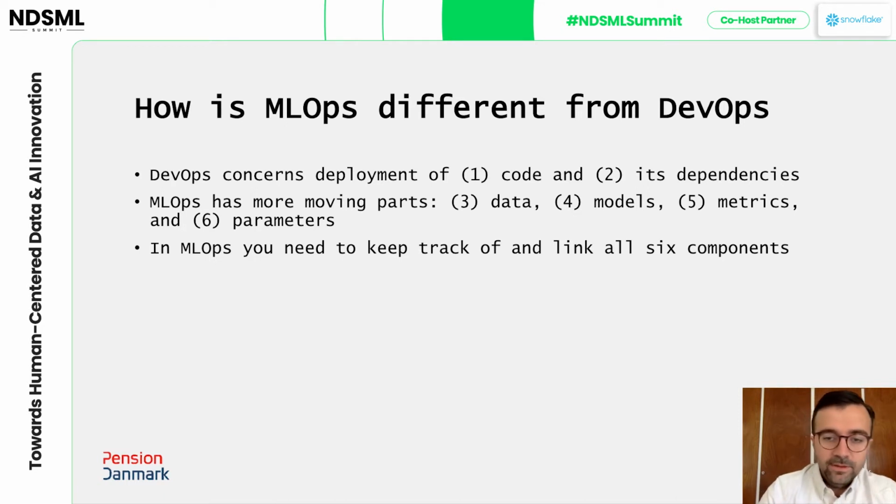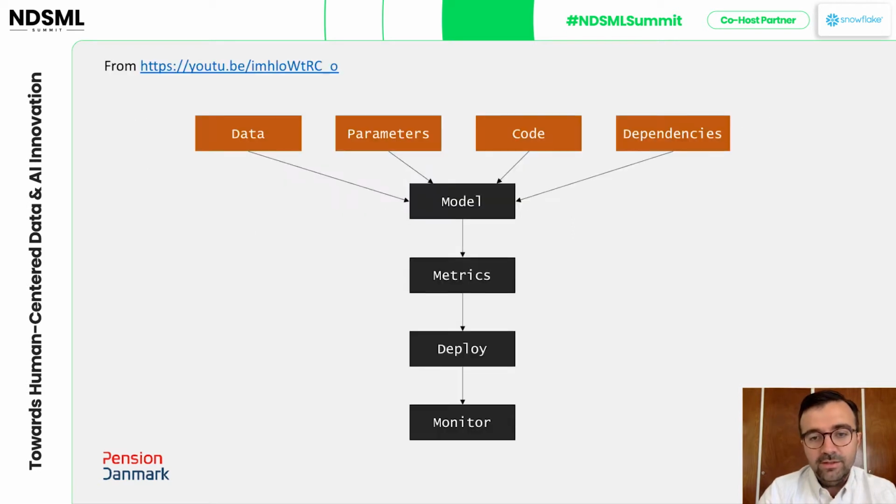Now, if we try to sketch out the MLOps process, it looks a little bit like this. So what you have is your data or your parameters, your code or your dependencies. And if any of these change, you would probably like to build a new model. So you have to train a new model when, say, a new code base is published.